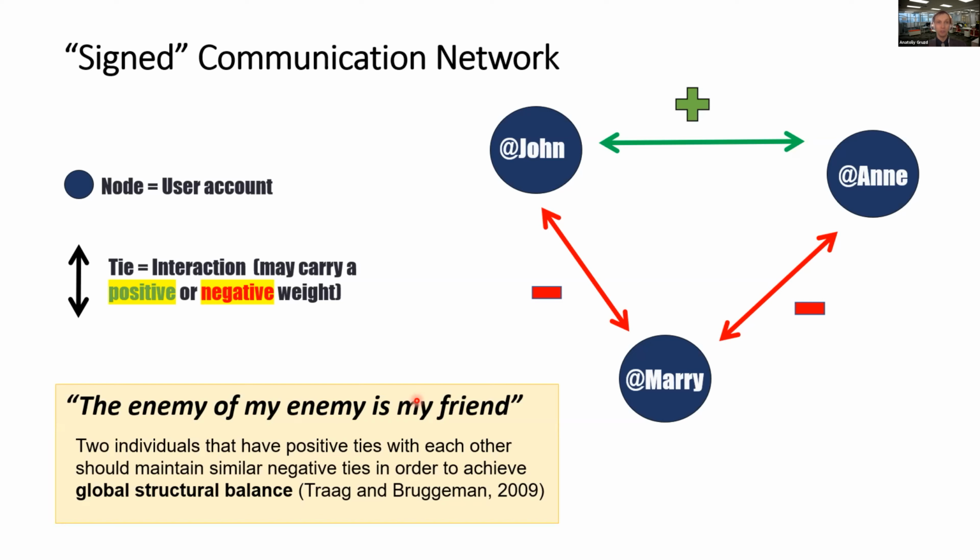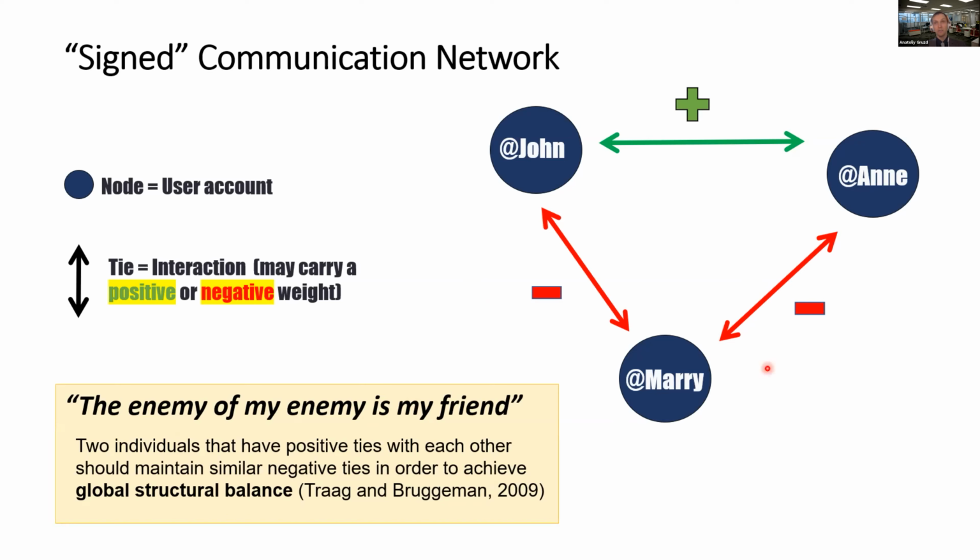When two individuals have positive ties with each other, they also maintain similar negative ties. This is in order to achieve what we call structural balance in the network. So if you have networks larger than three nodes, then you would try to count whether any three node configurations have this structural balance.